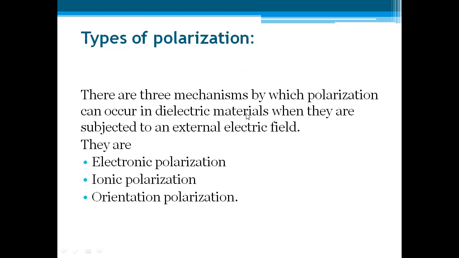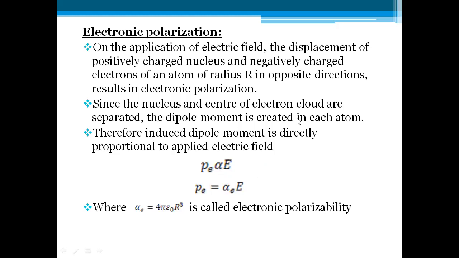There are three mechanisms by which polarization can occur in dielectric materials when they are subjected to an external electric field. They are electronic polarization, ionic polarization, and orientation polarization. First of all, what is electronic polarization? As we discussed, polarization is nothing but a displacement of positive and negative charges in opposite directions due to the application of an electric field.